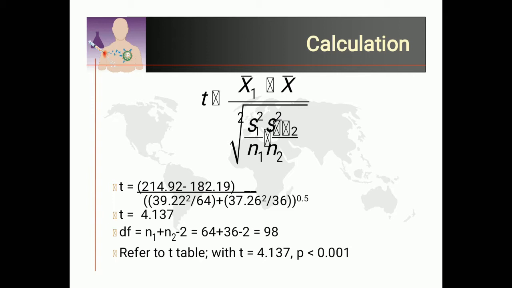So t comes out to 4.137. Now df stands for degrees of freedom, which is n1 plus n2 minus 2. So 64 plus 36 minus 2 means the degrees of freedom will be 98. So t equals 4.137 and p is less than 0.001.